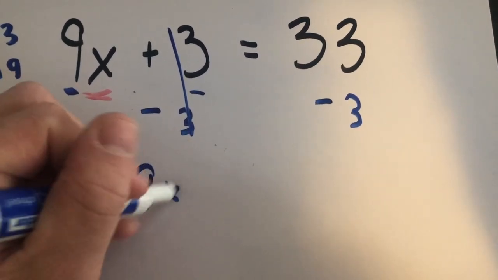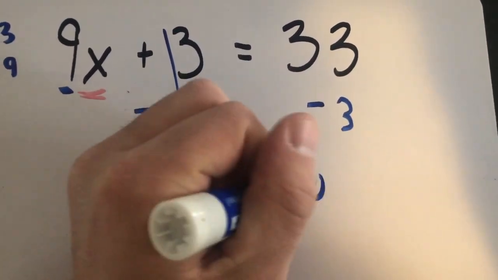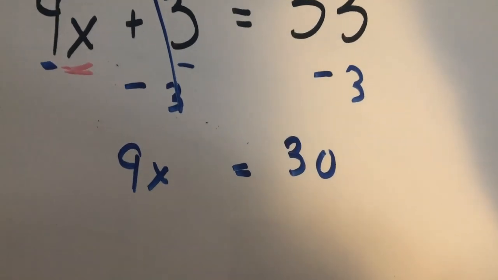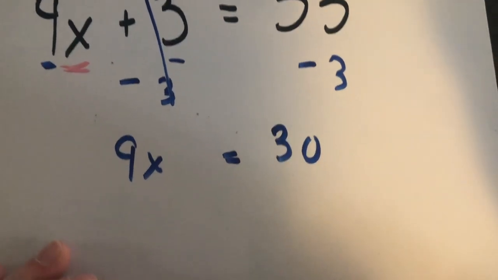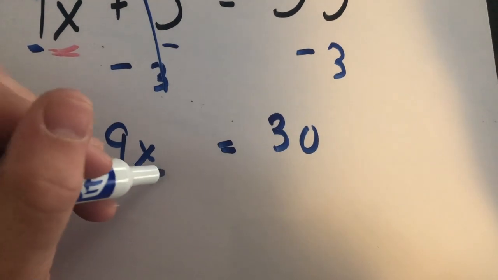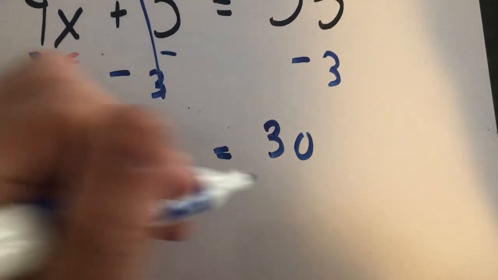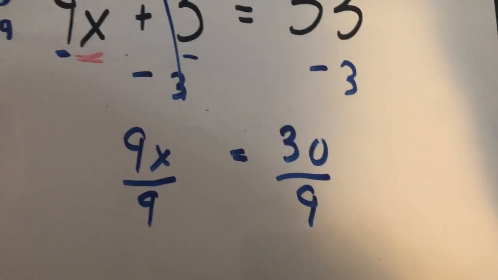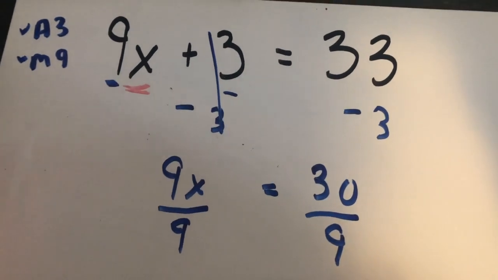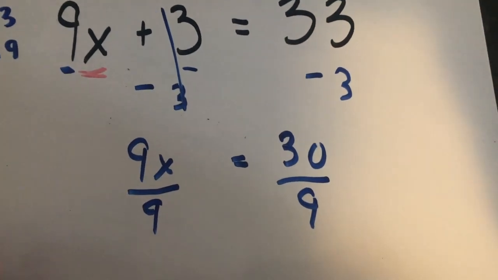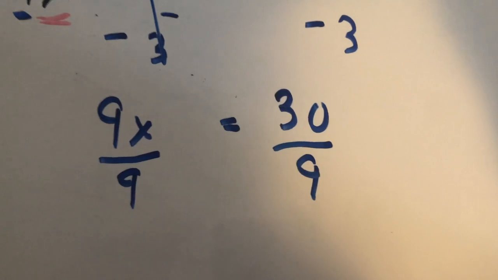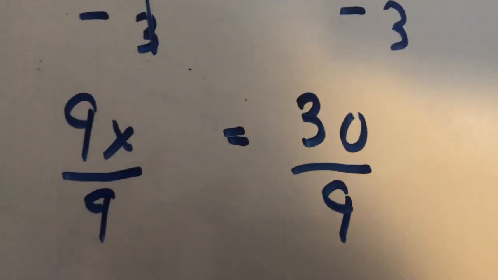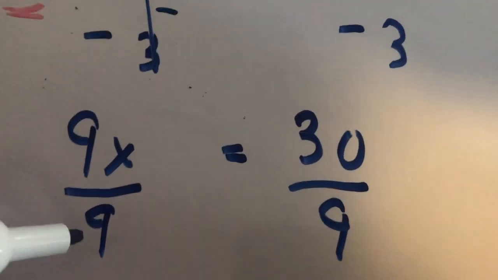We are left with 9x is equal to 30. All right. At that point, we then move into dividing by 9. We want to, again, fix this multiplication of 9 as an issue, which the inverse operation is to divide by 9. So we're at this section here where we're dividing by 9.